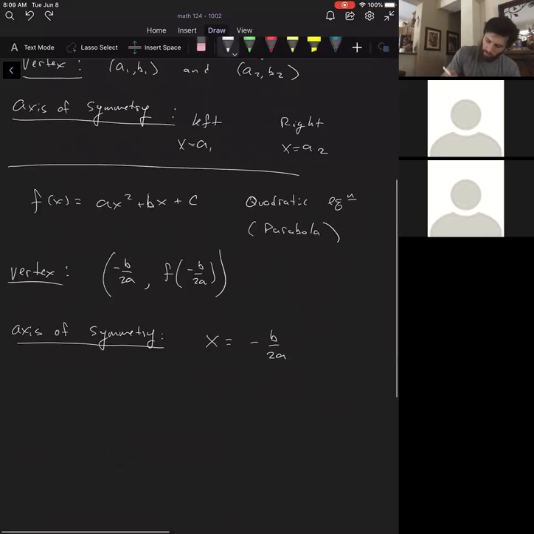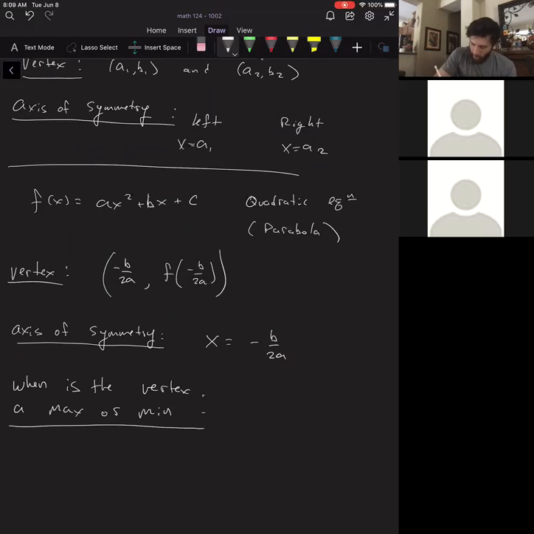So let's give those criteria. Let's write it like this. When is the vertex a max or a min?